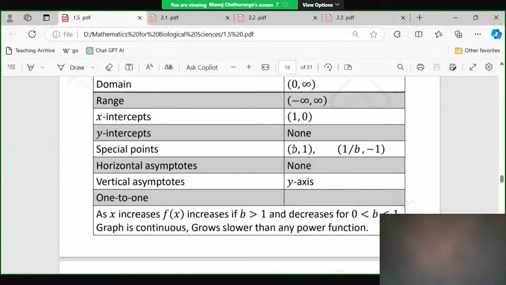So remember, the logarithmic function is the inverse of the exponential function. The inverse of a one-to-one function is also one-to-one. So logarithm is another one-to-one function.